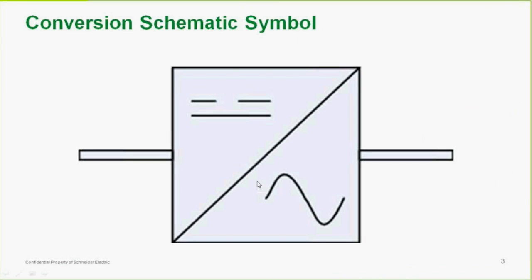Okay. This symbol I see quite often in drawings. People will send me drawings, saying, would you please approve my application for an inverter? And this is the symbol that I see on their schematics for a system. Now, this schematic symbol in its present form really doesn't tell us much of the story.